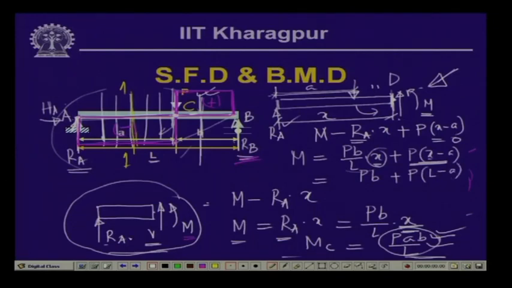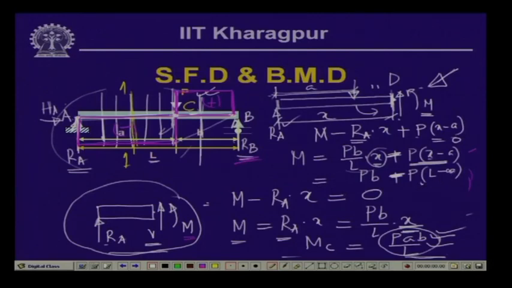So the value of the bending moment which we are getting at this point is, as we have computed, M minus R A into x plus, again in the same direction, P into x minus a. So this is going to be minus P b by L into x minus P into x minus a, and L minus a is nothing but b.